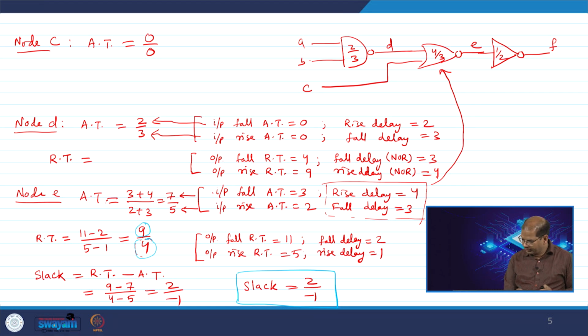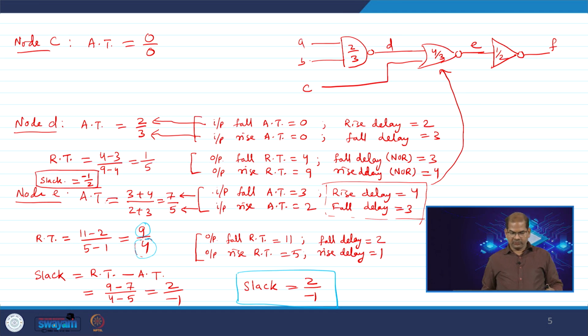So, now my required time at node D is 4 minus 3, 9 minus 4. So, this will be basically 1 by 5. Now, the final slack at node D will be minus 1 by 2. So, this is the slack at this point.